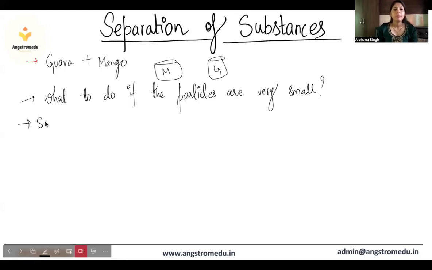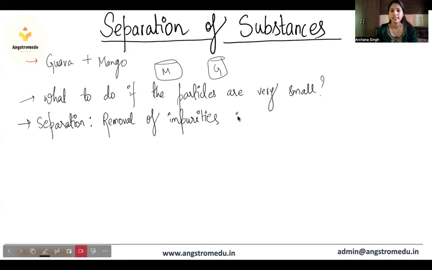So if we want to define separation, separation is nothing but removal of impurities. Removal of impurities is separation. Fine. What is impurity now? Impurity is nothing but harmful substances, basically.